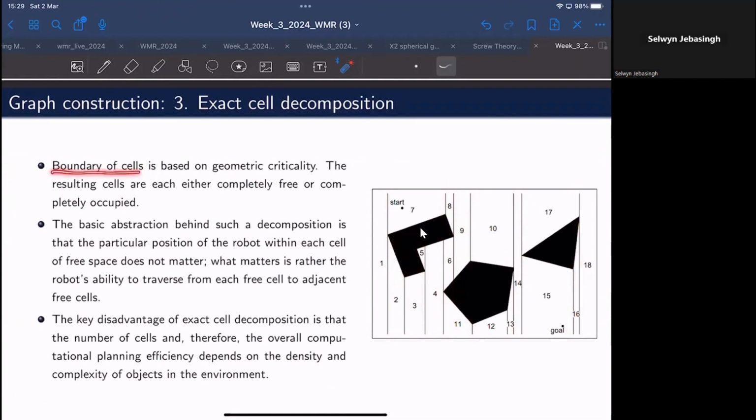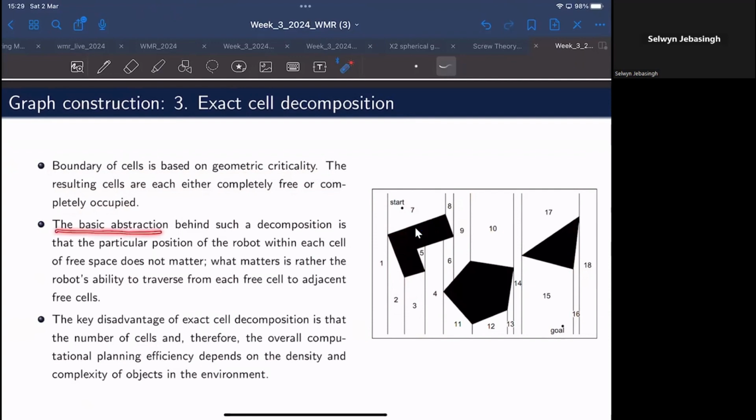So the boundary of the cells is based on geometric criticality. The resulting cells are either completely free or completely occupied. So this cell one is completely free, but as you can see, this cell two may not be completely free. This is cell 7, this is cell 3, and all the intermediate cells could be fully occupied. And there are cells that could be completely free.